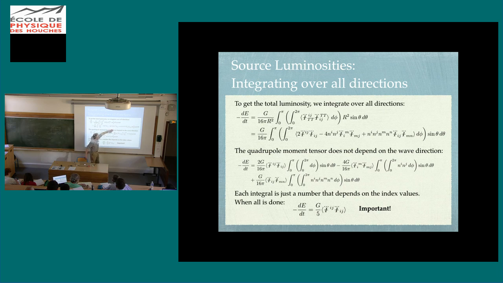So it doesn't care. We can pull those terms out in front of this integral and just do the integrals over the n's. That's what matters. Each integral is just a number that depends on the index values, and you can figure out what those are. I have a homework problem on the printed version of the talk that you can play with. The result is this, and this is very important.